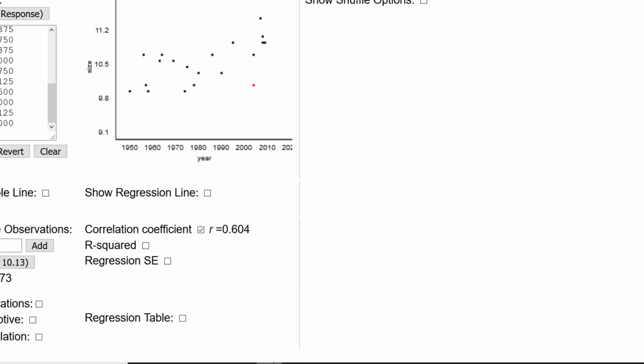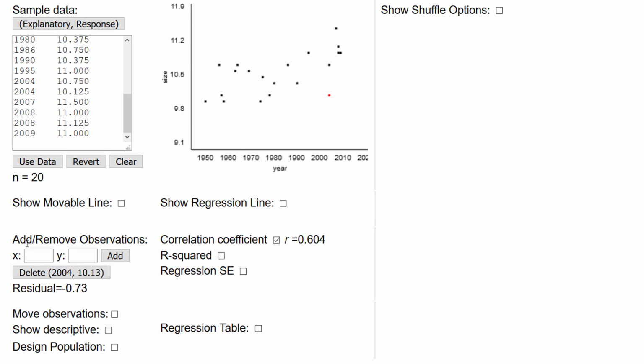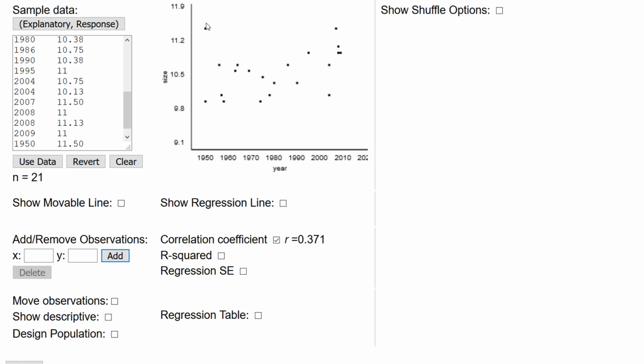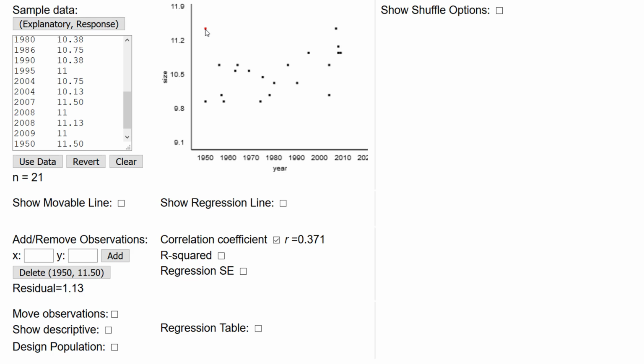So 1950, 11.5. So down here in the Add Remove Observations, I'm going to go into the X value and add a year of 1950, and I'm going to put a Y value of 11.5 and hit Add. Okay, here it is. Here's that new data point, 1950, 11.5. See it right there? And now notice the correlation coefficient.